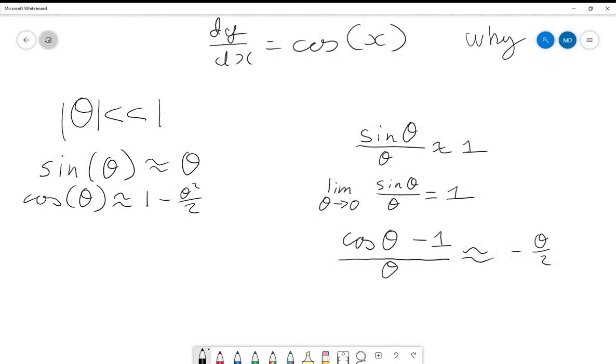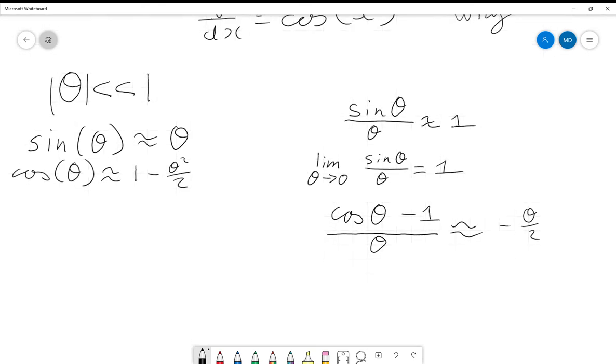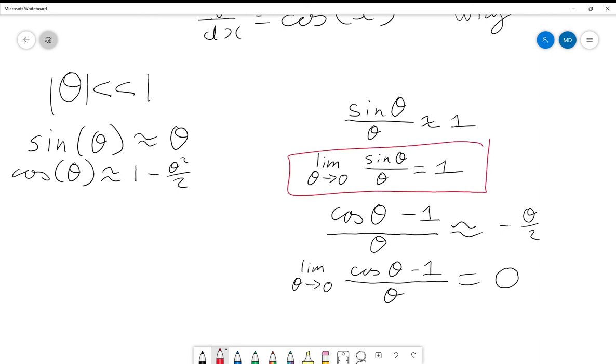But again, this becomes more and more accurate as theta tends to 0, which means we can say that the limit as theta tends to 0 of cosine theta minus 1 over theta is exactly equal to negative 0 over 2, which is in fact just 0. And these two facts are going to be absolutely vital in our proof. This one and this one.